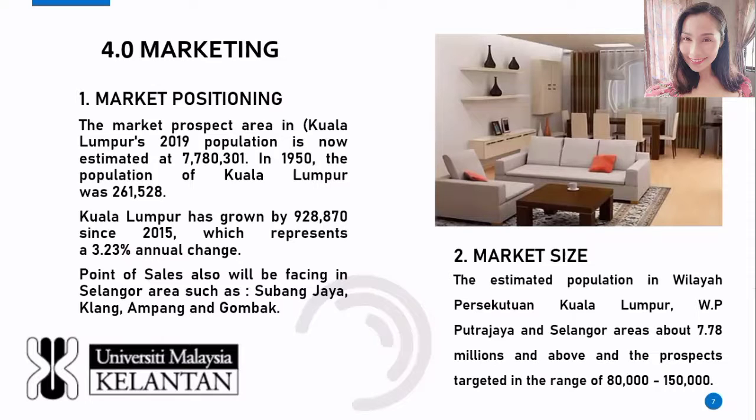Kuala Lumpur has grown much faster since 2015, representing a 3.23% annual change. Points of sale are also being considered in Selangor areas such as Subang Jaya, Klang, Ampang, and Gombak. The market size estimate of the population in Wilayah Persekutuan Kuala Lumpur is 7.78 million and above.